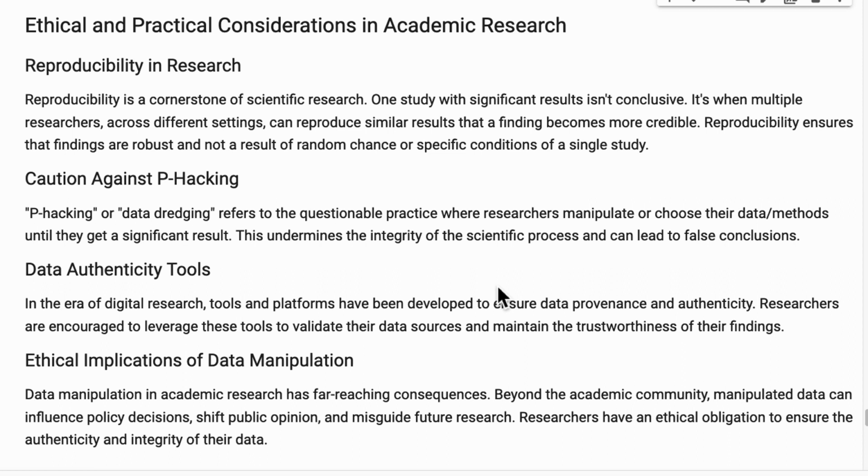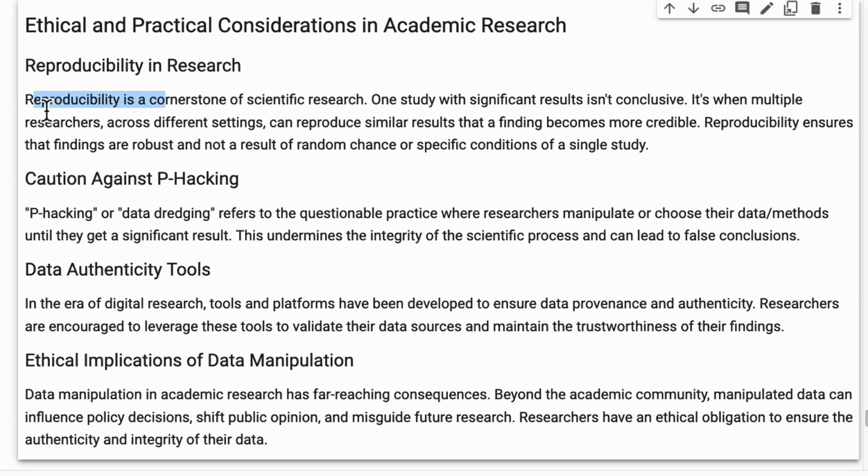Let's touch base on the ethical and practical considerations in academic research, as some of you in the future will conduct research. Reproducibility is a cornerstone of scientific research. So sometimes one study with significant results is not conclusive. That's why sometimes you require multiple researchers in different settings, and if they produce similar results, that will be more credible.